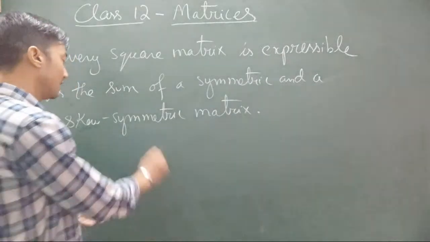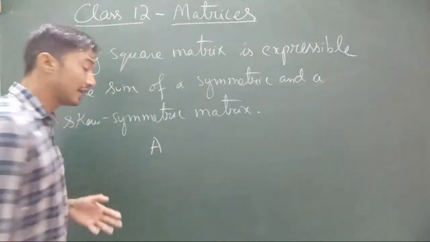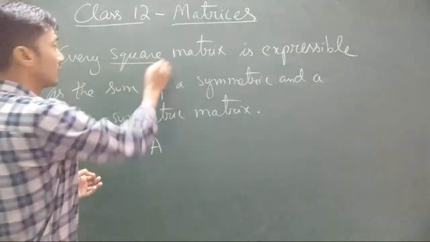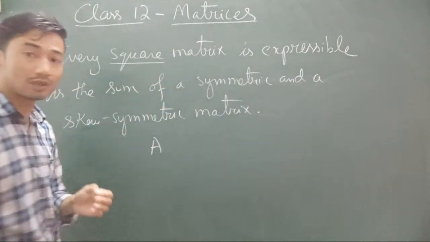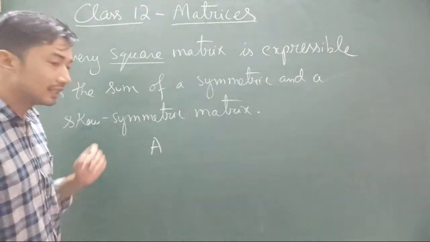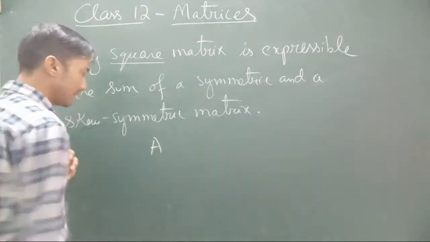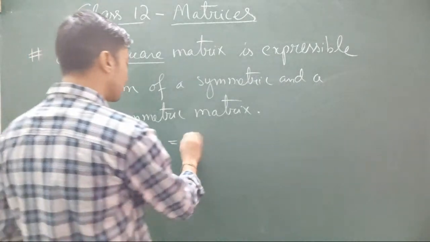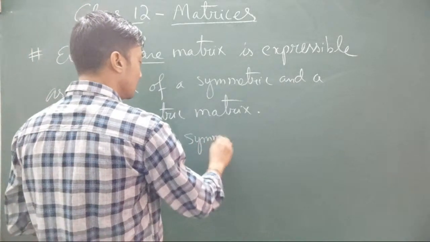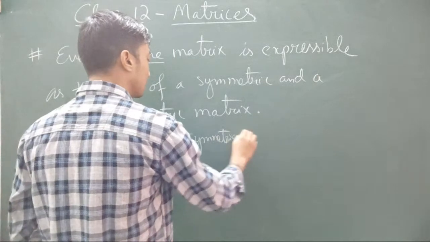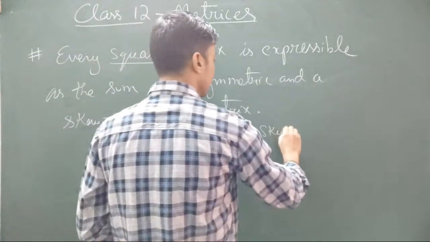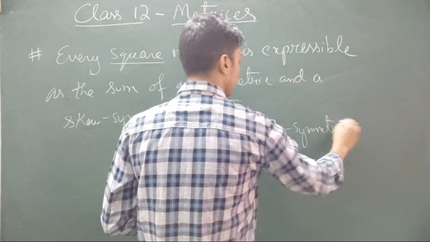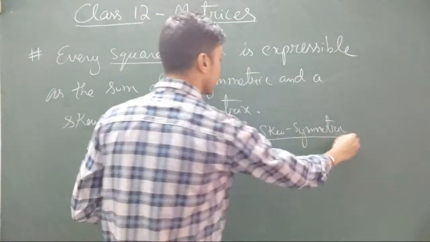What it means is, if you have a square matrix A, remember this note, it should be only square matrices, okay? If you have a square matrix A, then that square matrix can be expressed as the sum of a symmetric and a skew-symmetric matrix, something like this.